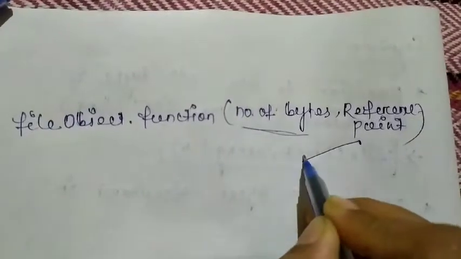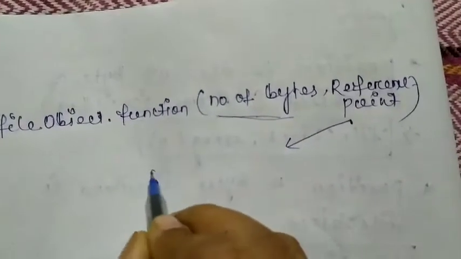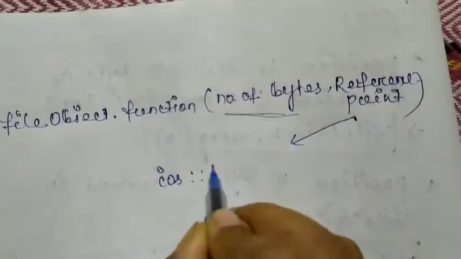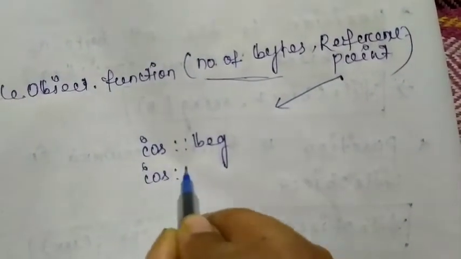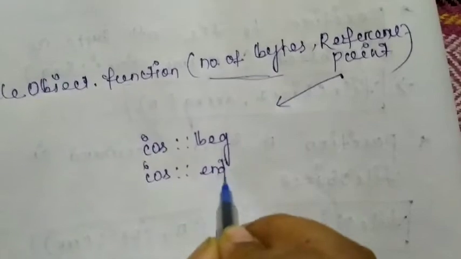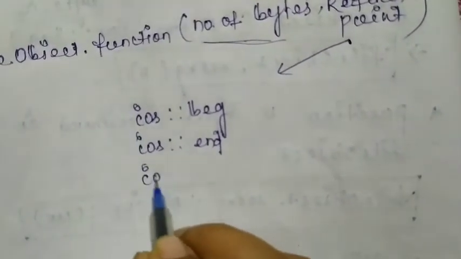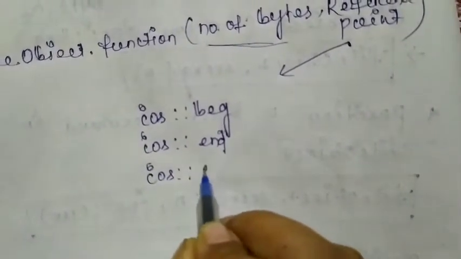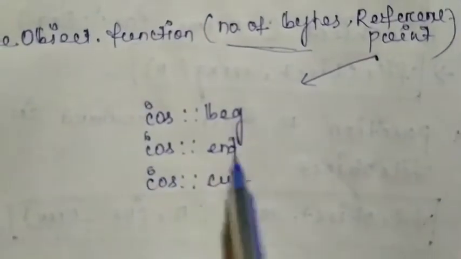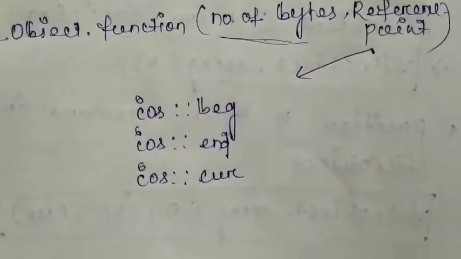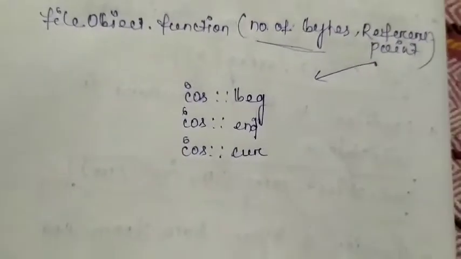The reference point is of three types. It is written like this: ios::beg, ios::end, then ios::cur. You have to write it like this, it is predefined. You cannot change it, like b for beginning and e for ending.